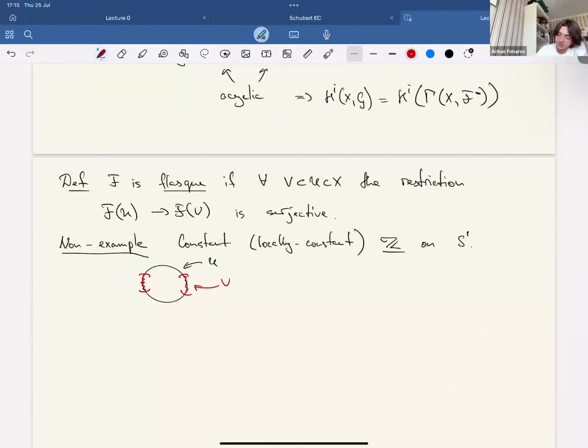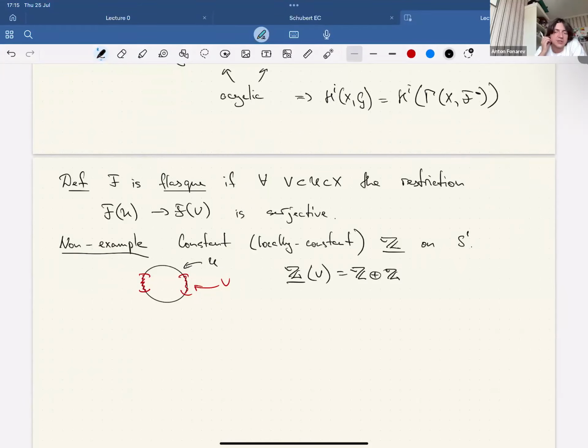Then, of course, I can take the following section. What is my sheaf? Z underlined on V is, of course, Z direct sum Z, because I need to choose the value on one connected component and the value on the other connected component. But if the two values are different, I cannot lift it to a global section on the whole S1.